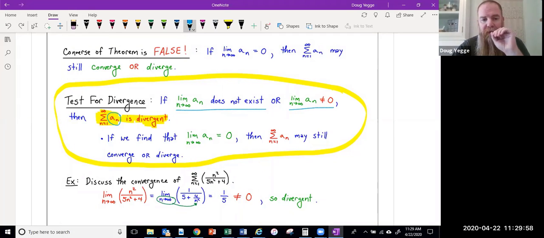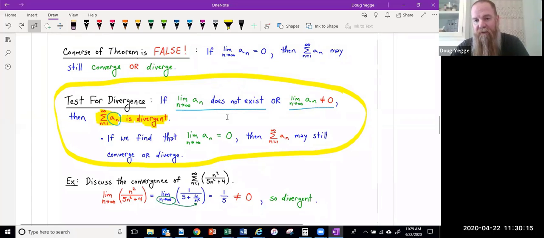Okay, so this is a pretty helpful tool to sometimes just use as a starting point, because sometimes we get so overwhelmed by the different types of tests to use to determine if something converges or diverges that we bypass the most obvious choice, which is let's just take the limit of the sequence and see what happens. Okay.